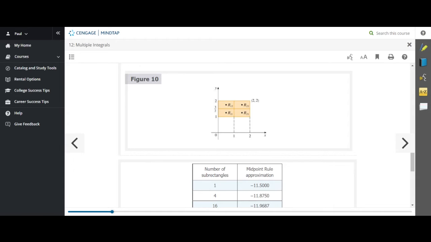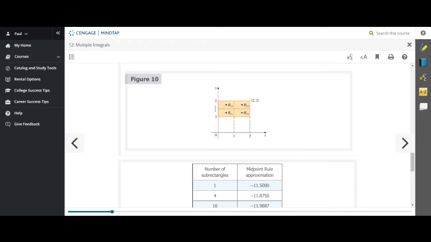That's the bottom left subrectangle. A half is right, Ian, for the x. And then 5/4 is correct for the y. That's right, Juliana. That's right, Ellie.